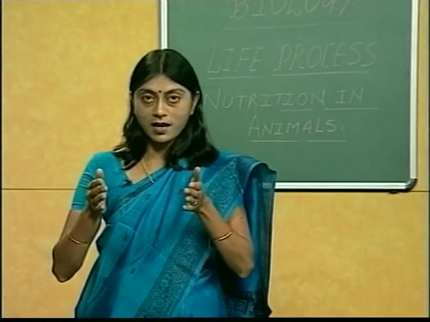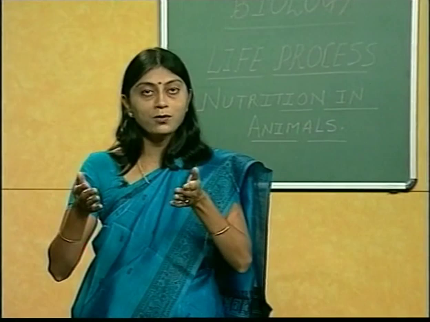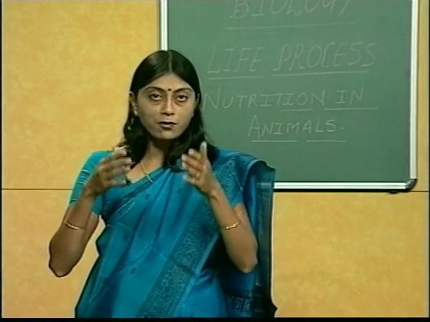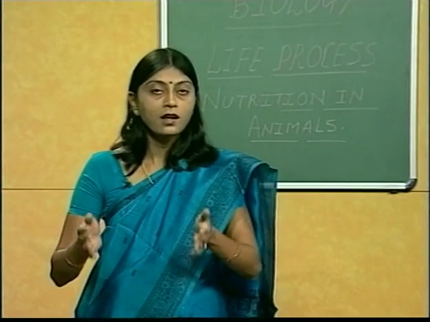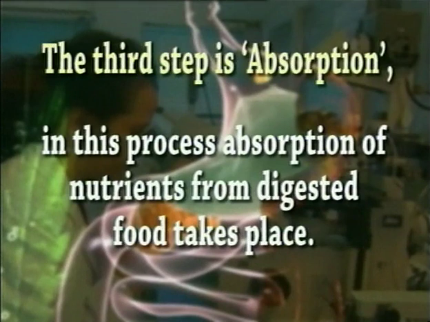Once the food is digested, what happens? That food is absorbed by the intestinal wall. You know, in the digestive system, the intestine is present. That intestine helps to absorb the food, and the food enters into the blood.